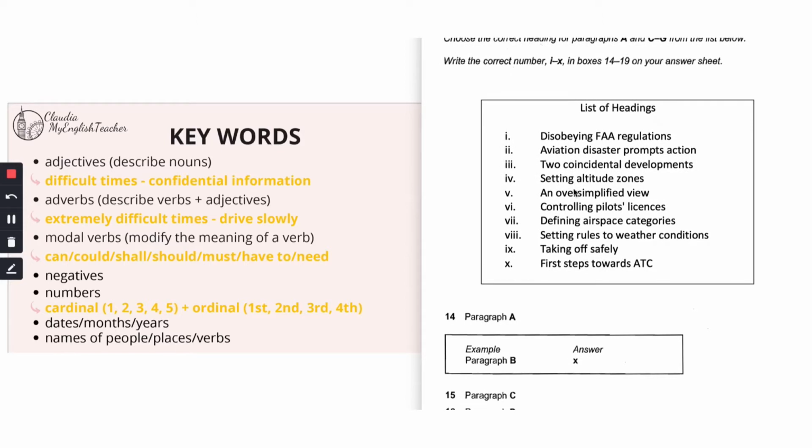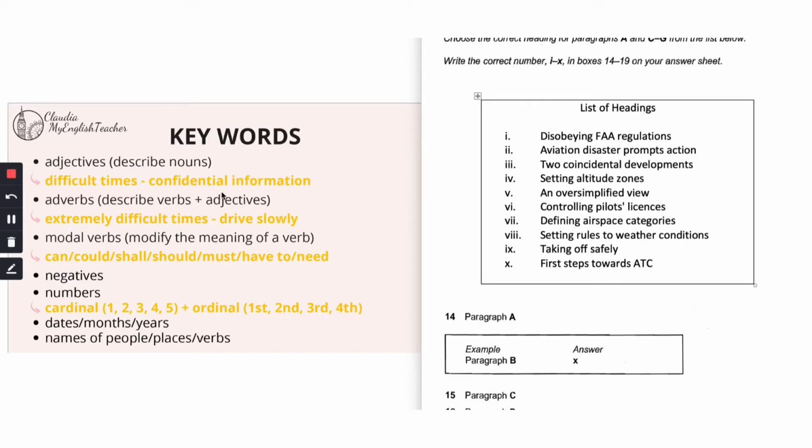Now, how do we do this? First of all, as I always say in my listening and reading videos, you need to focus on the keywords. The keywords are those words that help you find or locate the answers in the reading text or in the listening if it's the listening test.